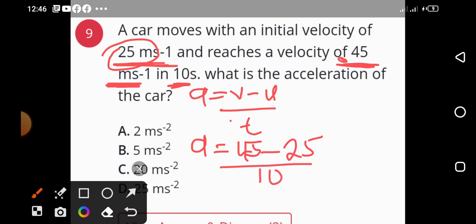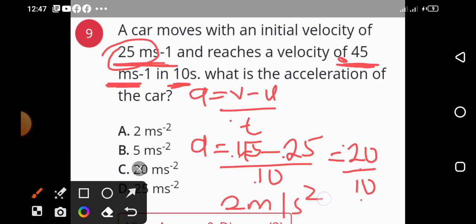So this becomes 45 minus 25, which gives you 20, divided by 10. So 20 divided by 10 gives you 2 meter per second square.